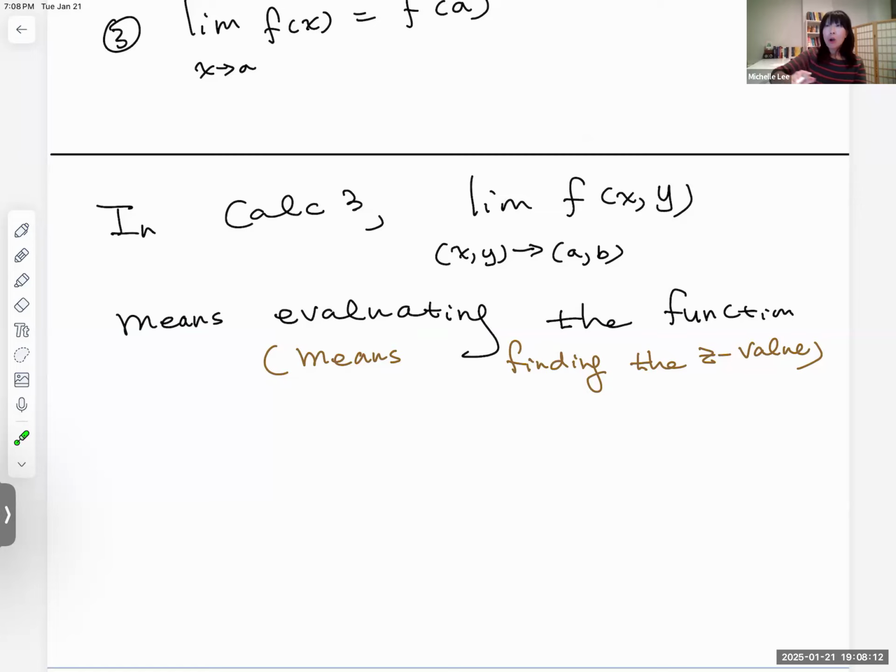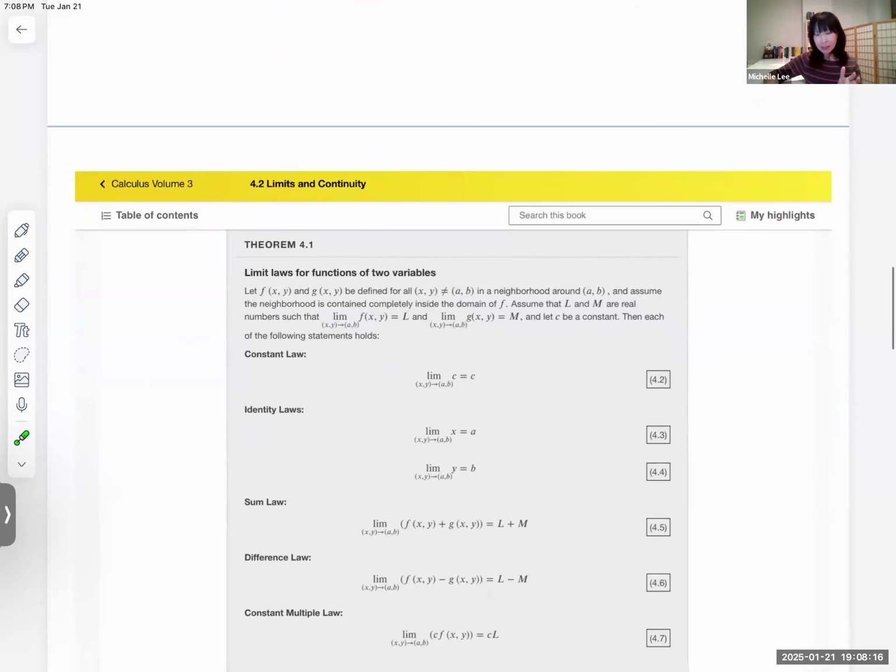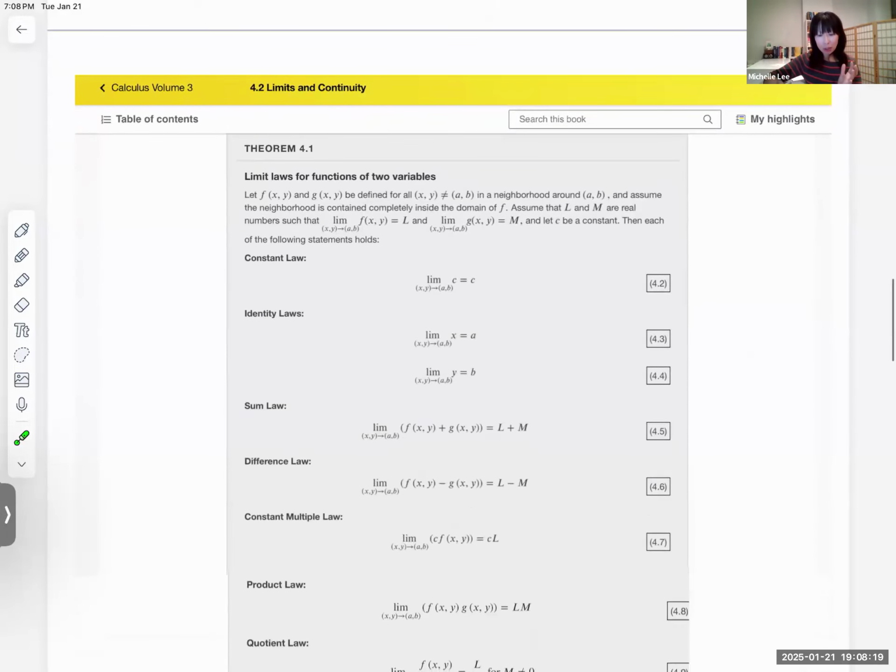Now we have the properties of the limit. This is exactly the same as calculus 1.